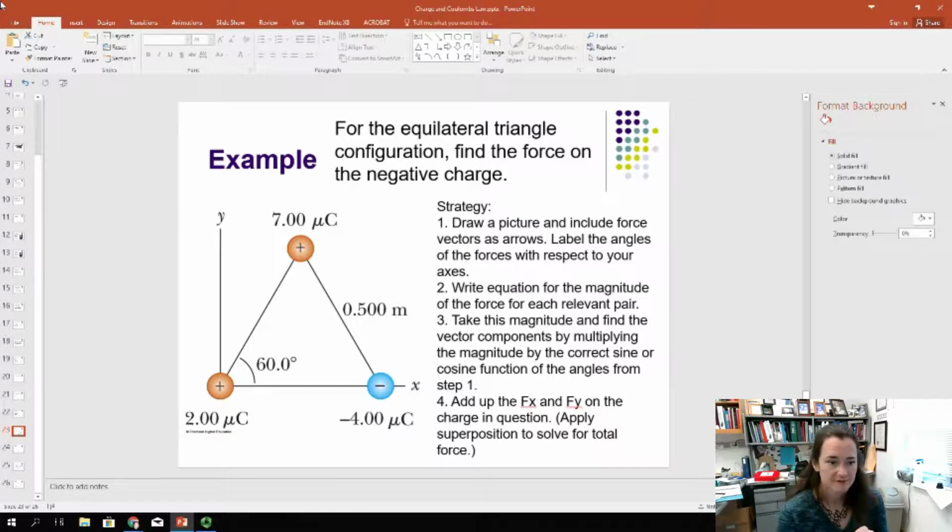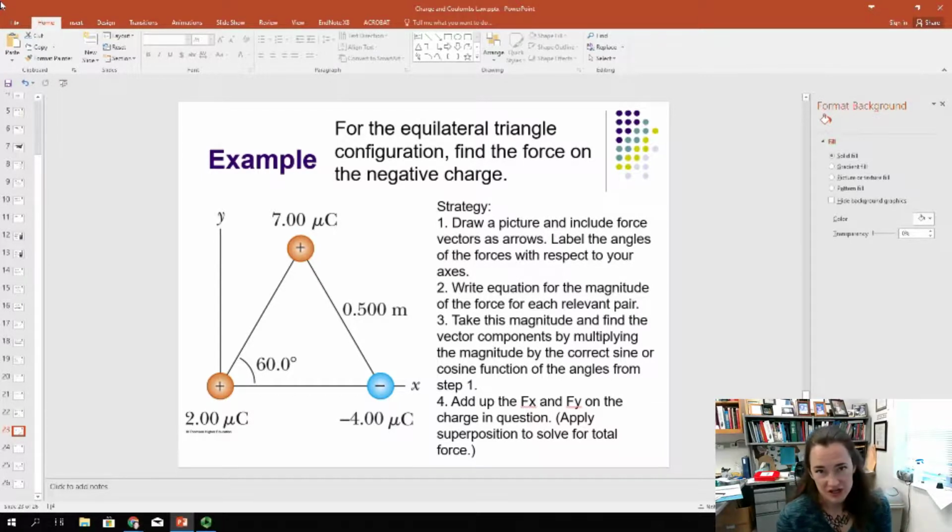You have a +2 microcoulomb charge at the origin, a +7 microcoulomb charge at the top of the triangle, and a -4 microcoulomb charge on the bottom right. The problem asks you to find the force on that negative charge, at the bottom right. The equilateral triangle has sides of 0.5 meters, and of course all the internal angles are 60 degrees by definition.